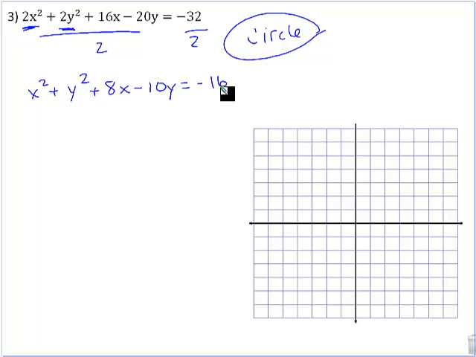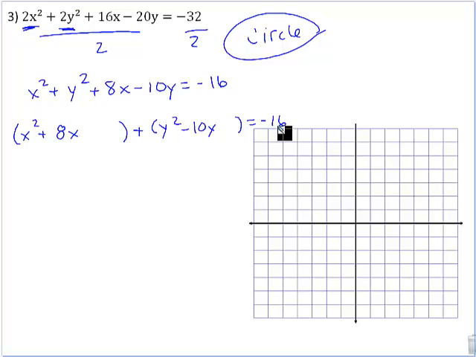Now we're going to collect our x's together and our y's together: x squared plus 8x and y squared minus 10y is equal to negative 16.